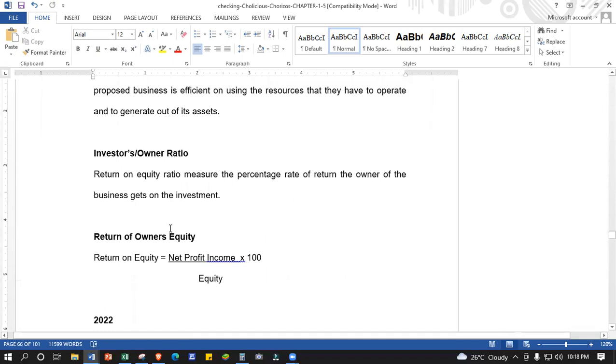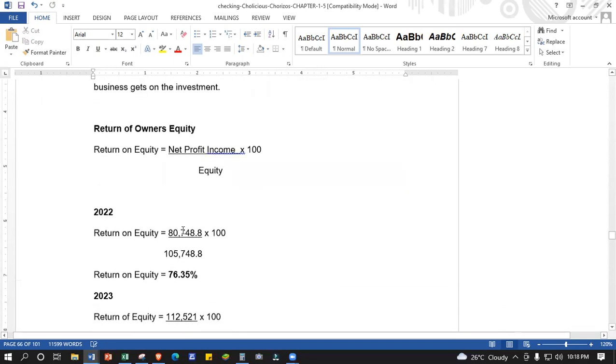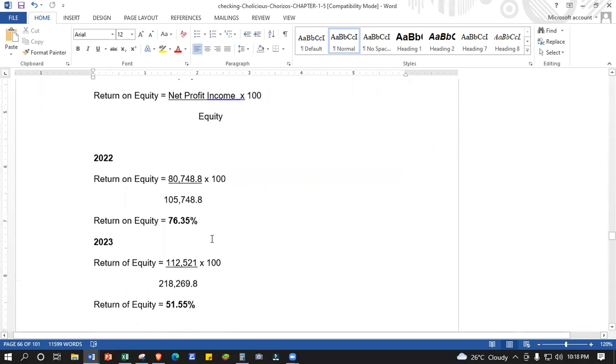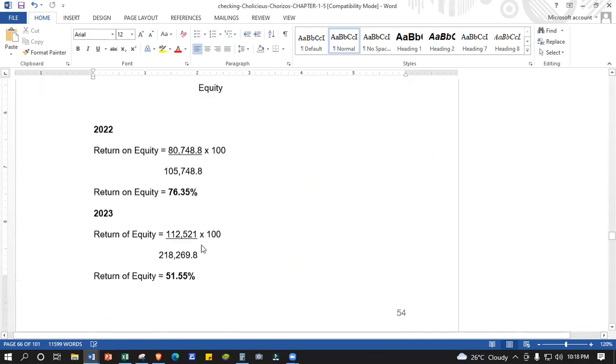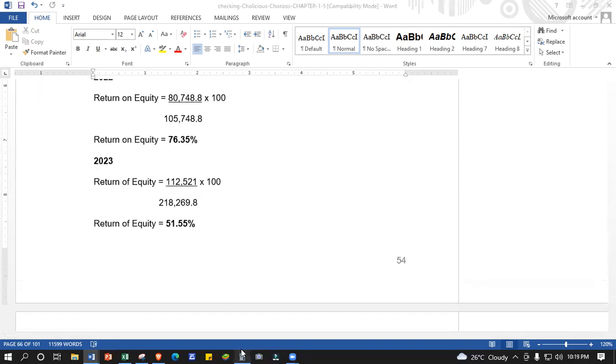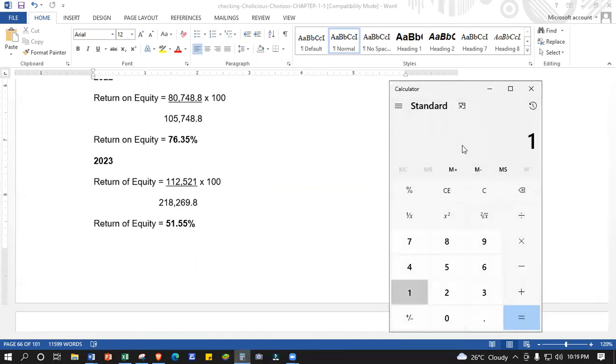Okay, investors owner ratio. Okay, return on equity. Yeah, I think this one is right, it is a percentage. Let's try to check if the computation is right. 112,521 divided by 2182.8 times 100.